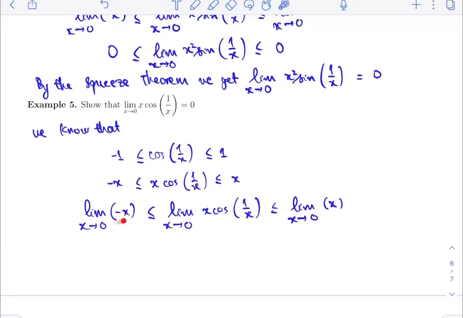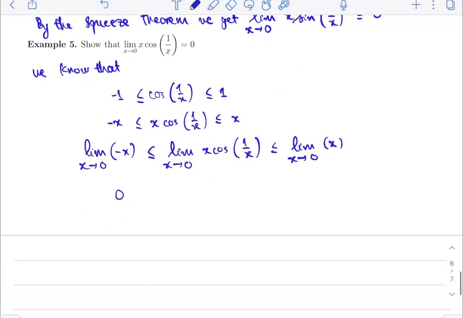For these two limits, the limit of -x as x approaches 0 and the limit of x as x approaches 0, you can use direct substitution, which gives you 0 less than or equal to the limit as x approaches 0 of x times cosine of 1 over x less than or equal to 0.